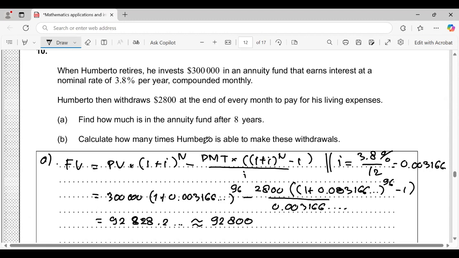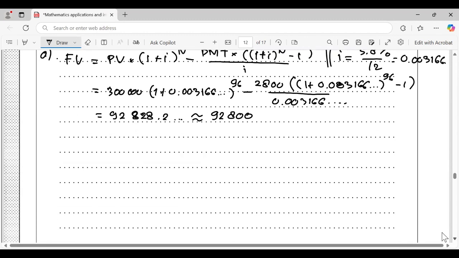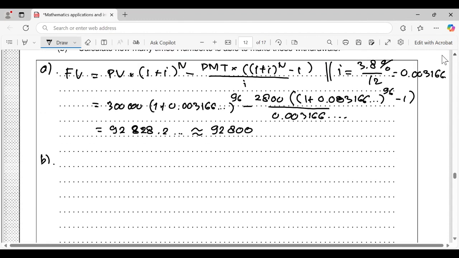Calculate how many times Humberto is able to make this withdrawal. So we will find n. We use the formula for the number of periods in an annuity, which is a rearrangement of the main formula.